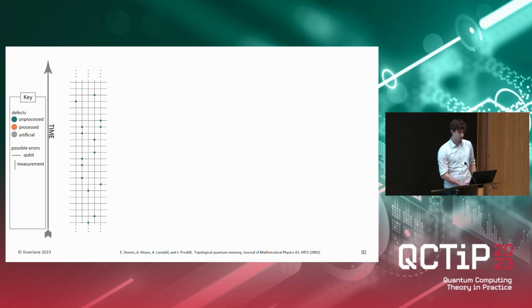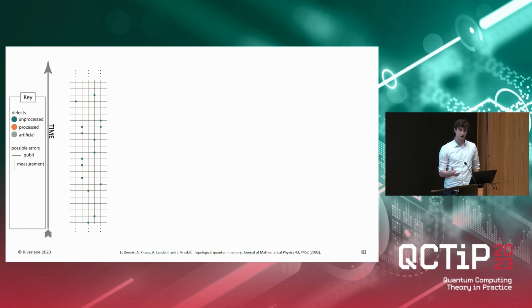In this schematic on the left, time is going up, and here we're representing, as an example, a repetition code, or you can think of each horizontal slice as a slice of a surface code, where green points are the triggered syndromes, which give us information about the errors in the system. The problem is, again, matching up the syndromes using the set of edges that has the least weight. The horizontal edges here represent data errors, and vertical edges represent measurement errors.